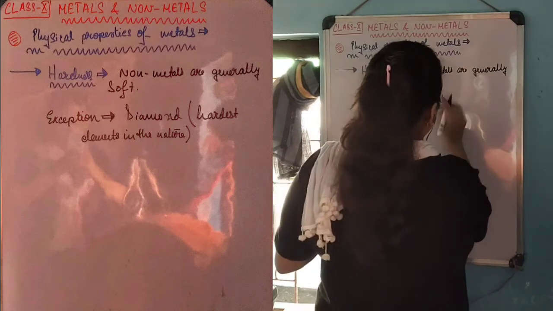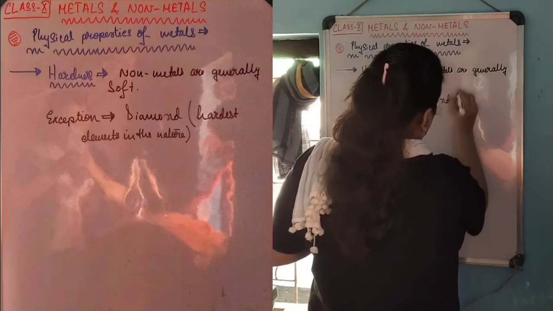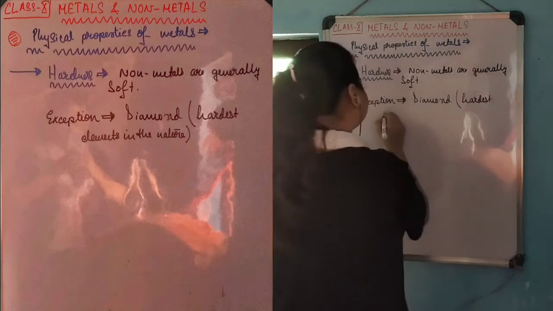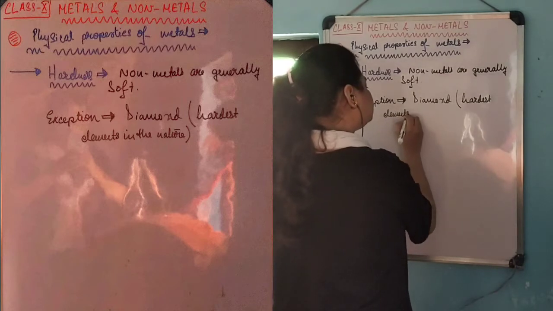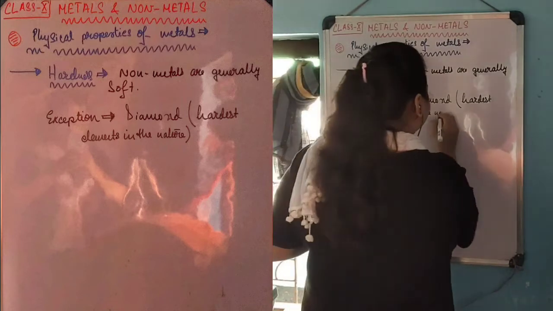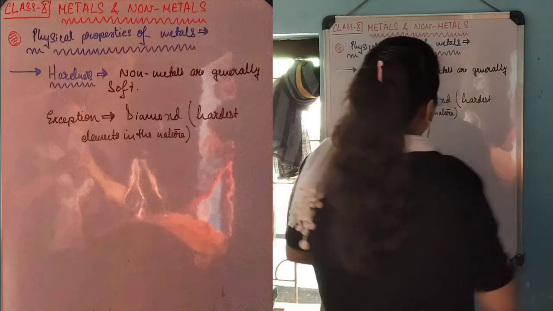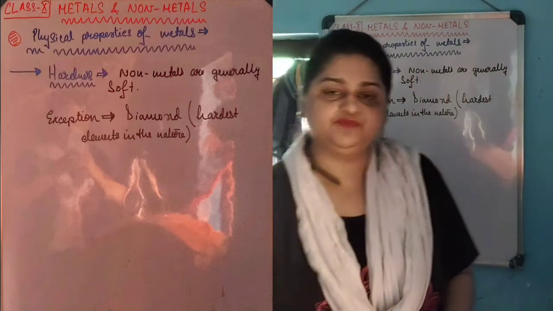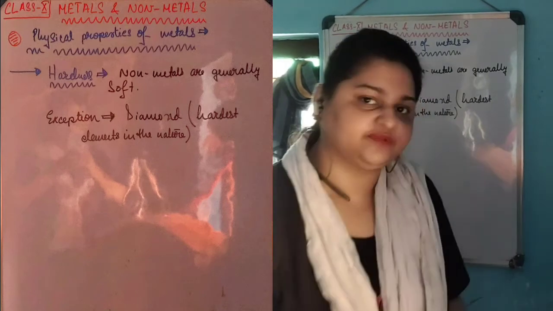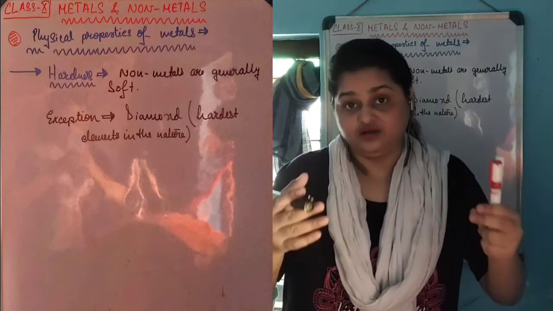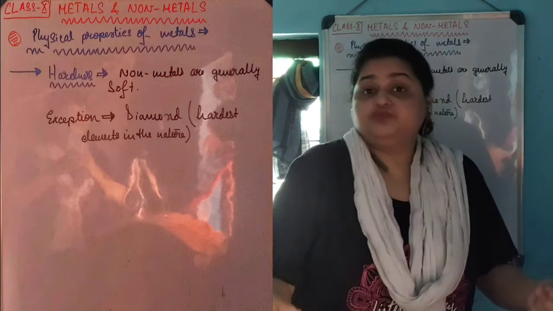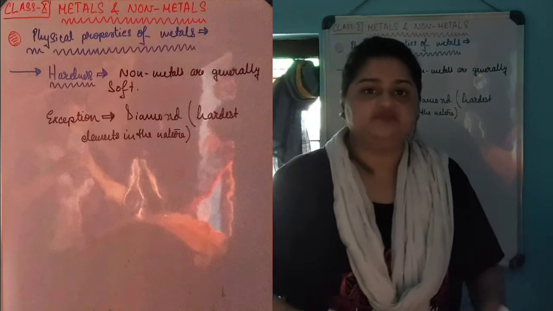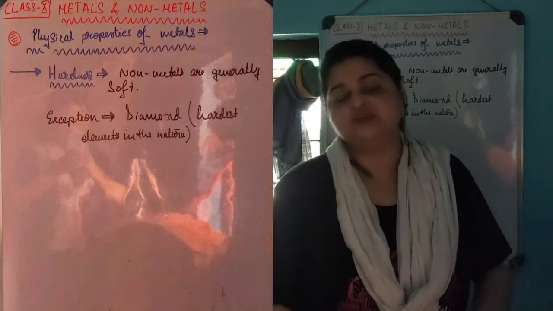In fact, it is the hardest element in nature. It is so hard that in the diamond industry, to produce jewelry, other diamonds are used to cut diamonds, because no other element, not even a knife made of iron, can cut diamond. It is so hard that even to cut diamonds, other diamonds are used.